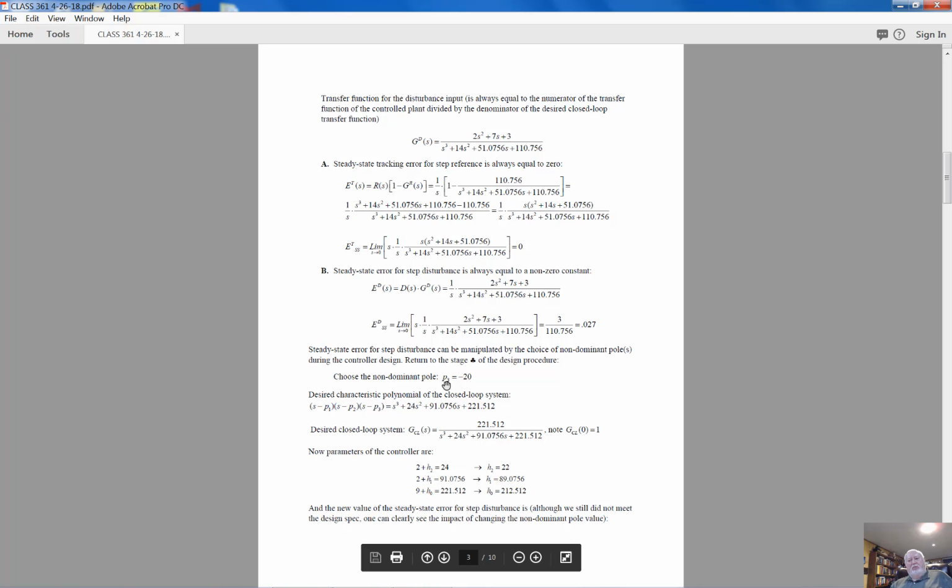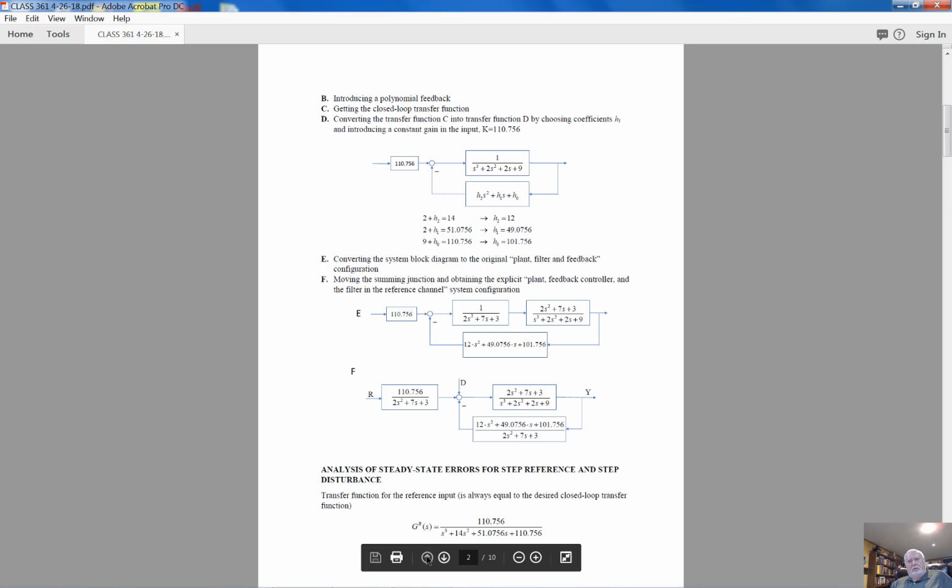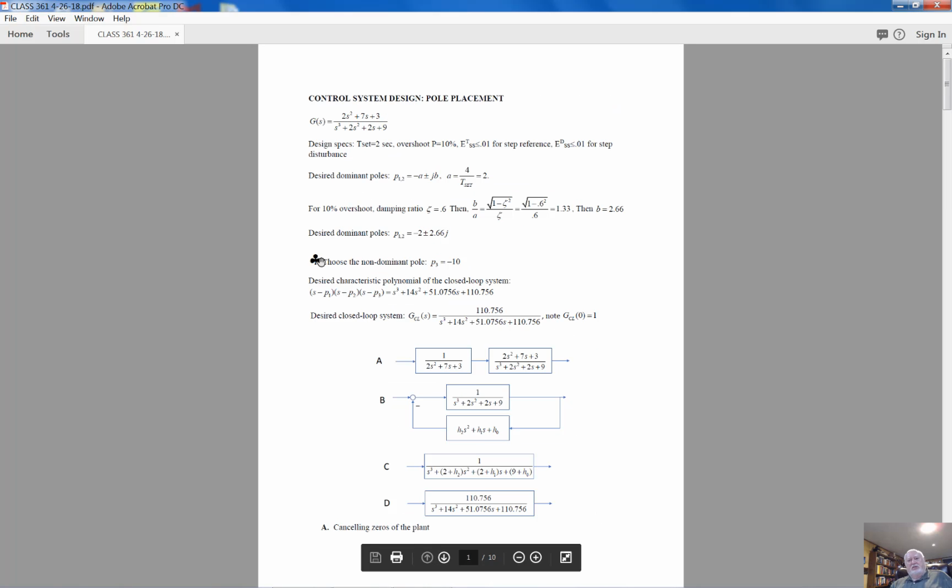I will choose it now minus 20, and I'm going back to this symbol. Look, this is this point. This is this marker. Except last time the non-dominant pole was minus 10, now it's minus 20. And I have to go exactly through this procedure. Let's go through this procedure again.